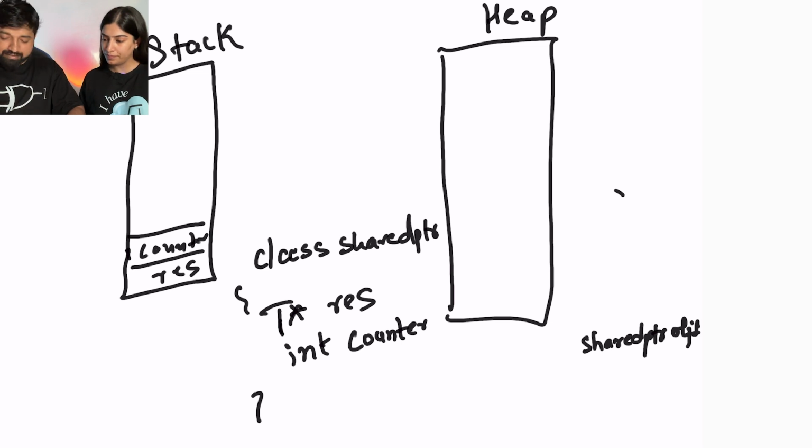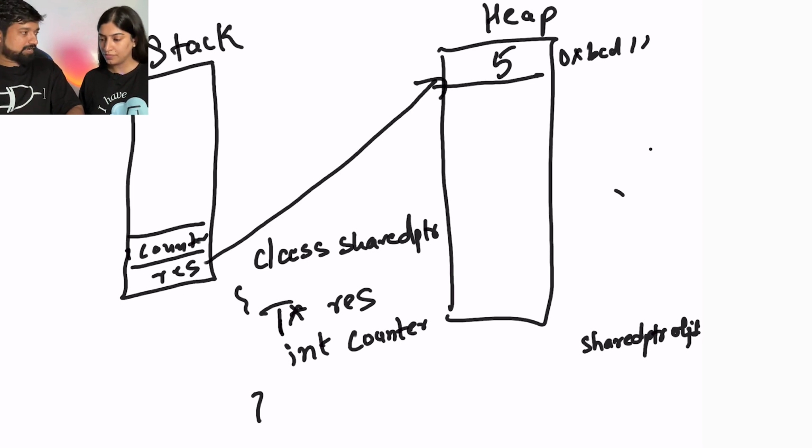And this resource will be pointing to some resource. Suppose inside this we do a new int, so this is 5 and this is some memory address, bcd11, and this resource will be pointing to this memory address. That is good, but what about this counter? Suppose shared_ptr object 1 is pointing to this resource, and we have incremented this counter with plus plus in our algorithm.